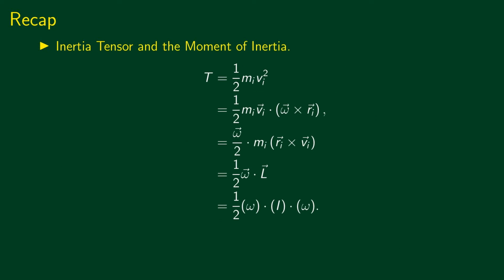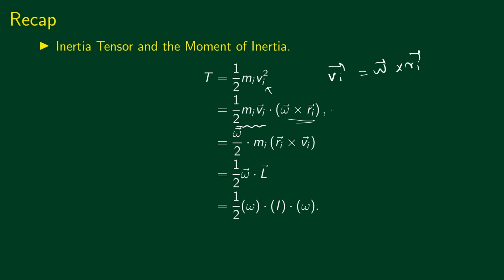We then went on to define the moment of inertia and its relation with the moment of inertia tensor. We started with the definition for kinetic energy. Again, sum over i is implied here. So this is the sum of the kinetic energy of all particles. Since v_i vector is equal to omega vector cross r_i vector, we can write this as half m_i v_i vector dot omega cross r_i.